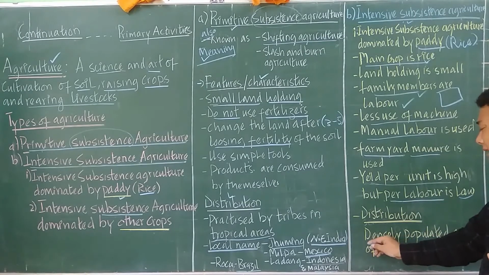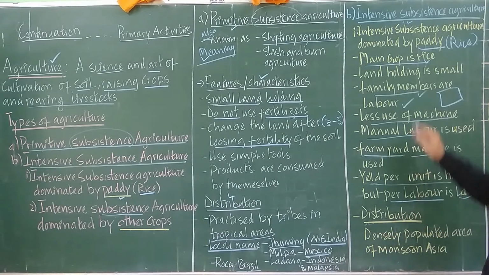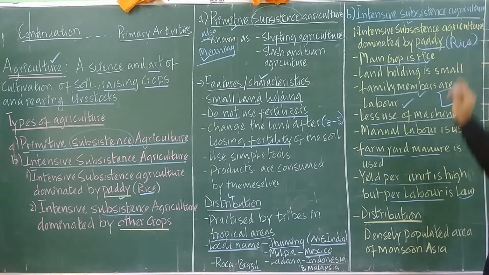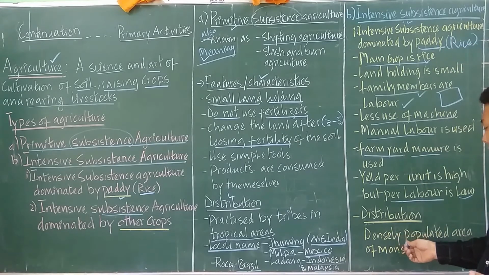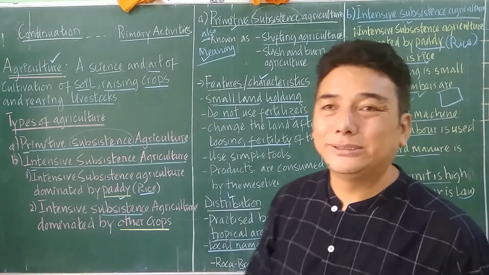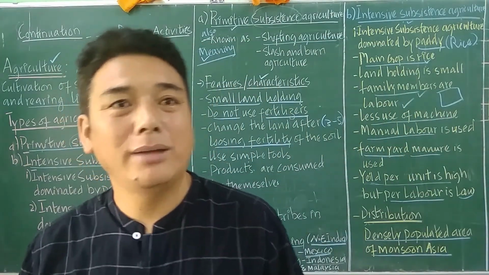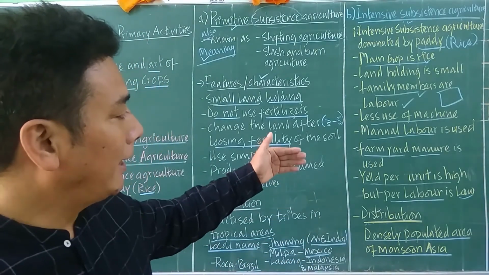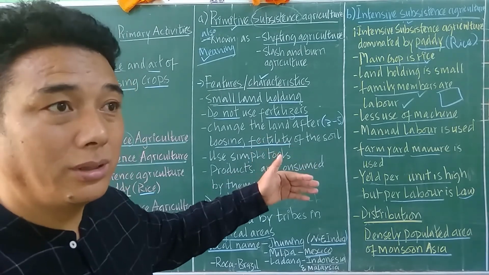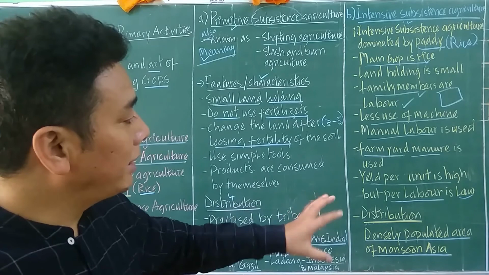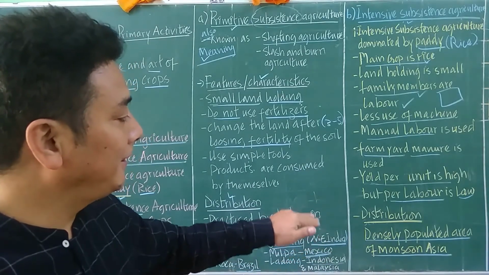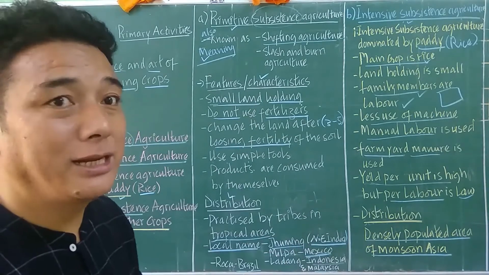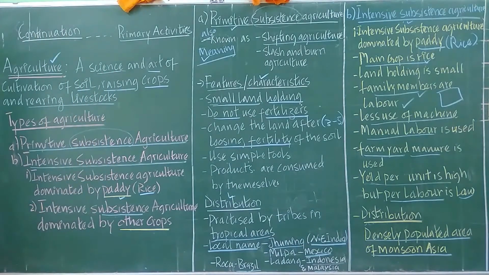And where will you find that kind of intensive subsistence agriculture? You will find it in densely populated areas of monsoon Asia, including India, Japan, China, Malaysia, Vietnam, and North Korea. All those areas are monsoon areas, and you will find intensive subsistence agriculture dominated by rice cultivation.